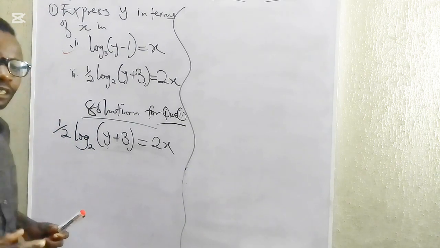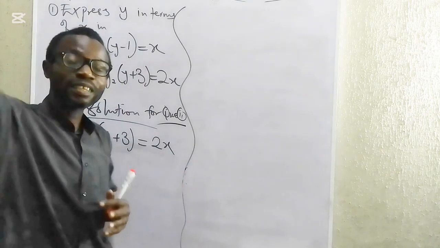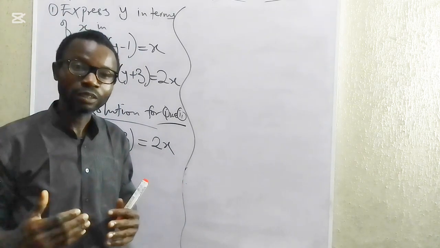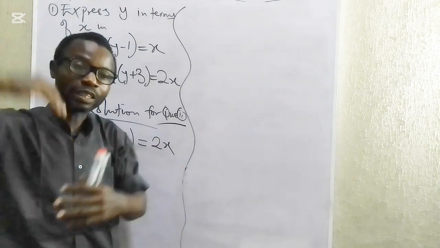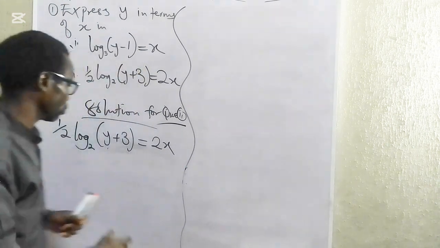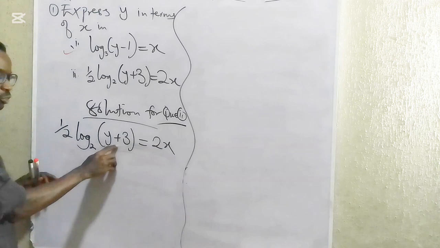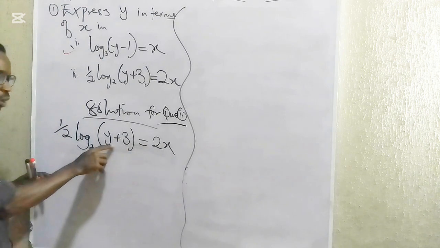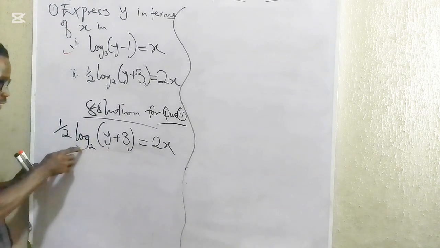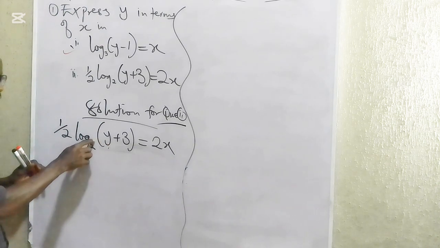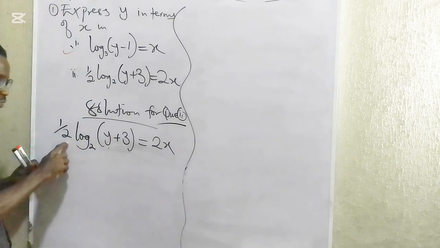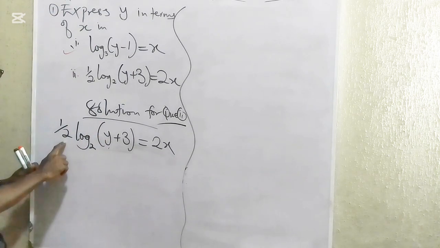The farther it is, remove them one by one, starting from the one that is farthest from it. If you look at this place, this is closest to it. The operation linking y and 3 is just plus, and then you have log. Now this one is close to this by a multiplication sign. So this one is farther from y, so we'll take this away.